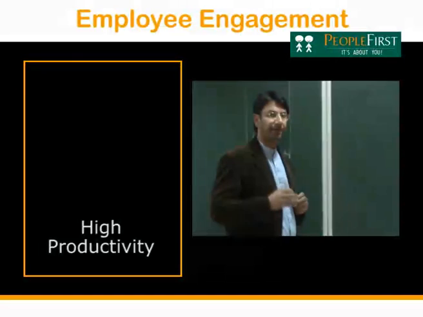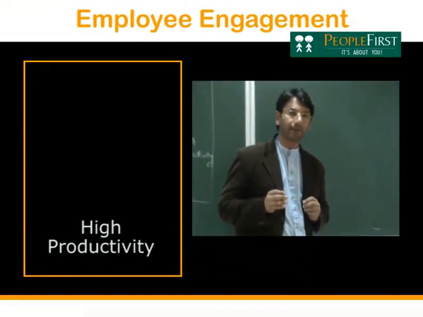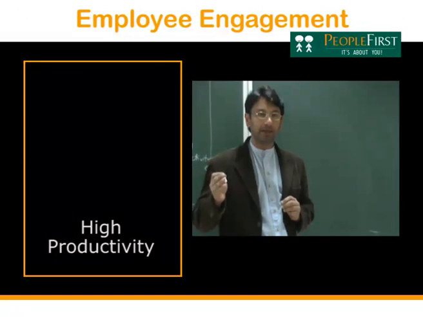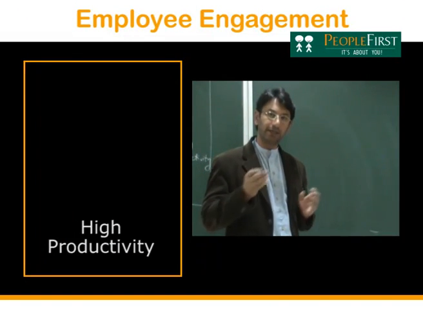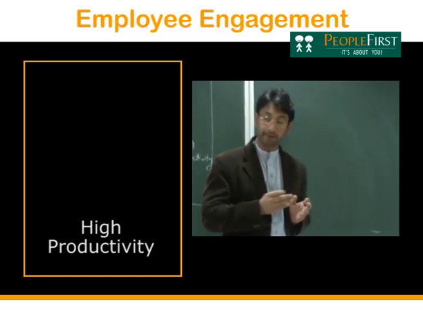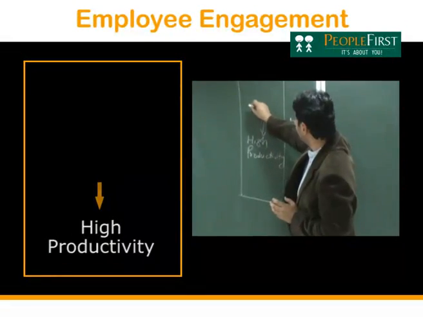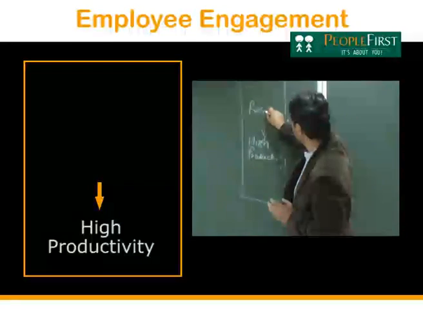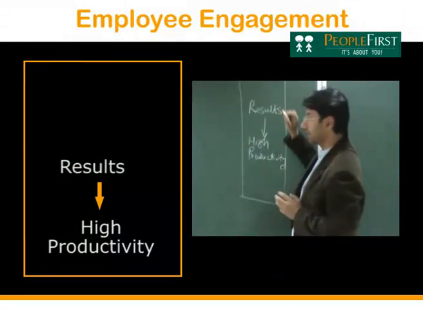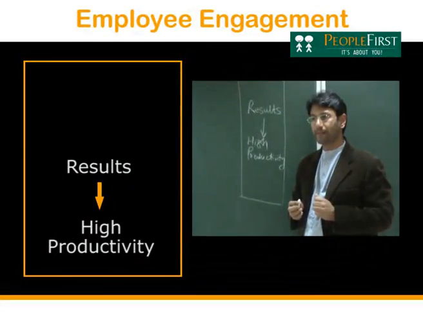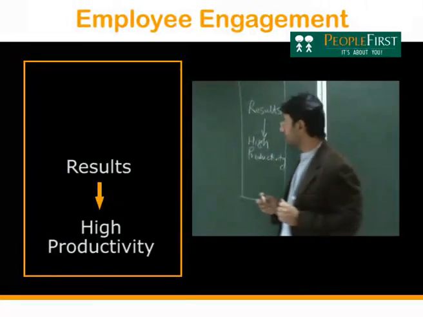Now, how is high productivity going to happen? It's going to happen basis the results that the employee would generate. So we say that high productivity is coming out as a result of the results that the individual employee would generate. How do you measure the results?